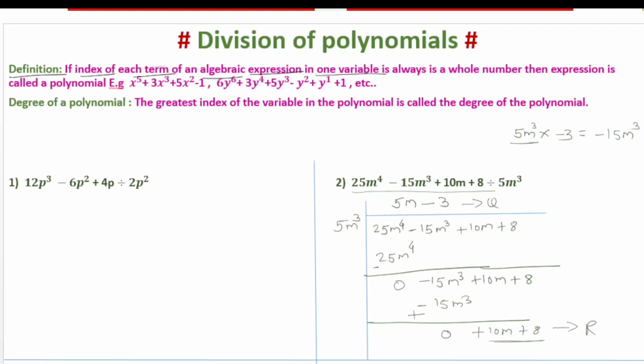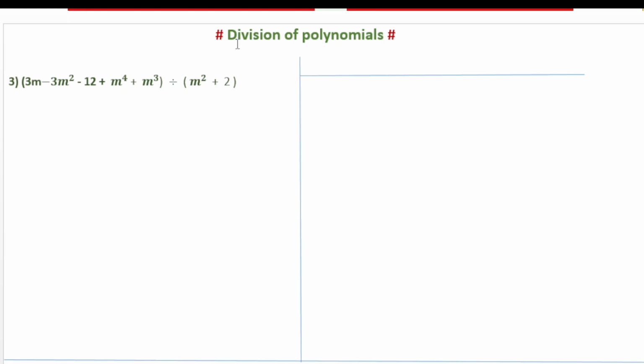Okay, next we solve this example. See here, one polynomial: 3m − 3m² − 12 + m⁴ + m³ divided by m² + 2. We divide this polynomial by m² + 2. First we write the polynomial from higher degree to lower degree.